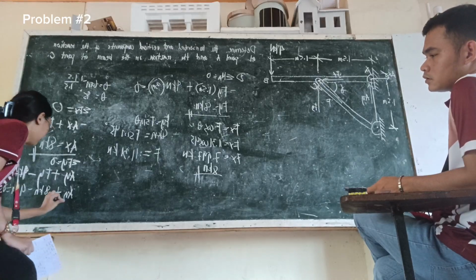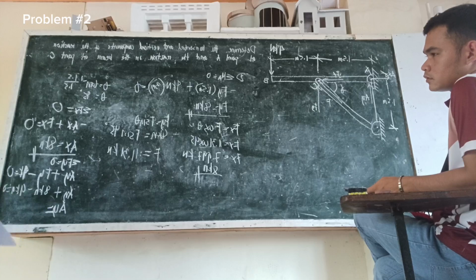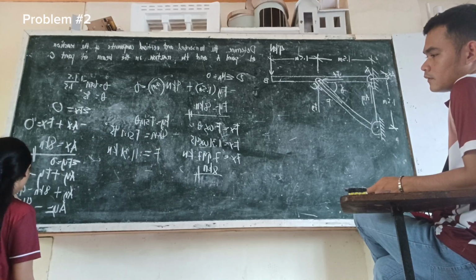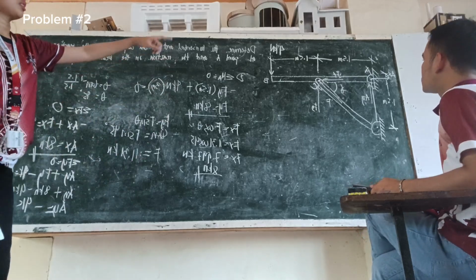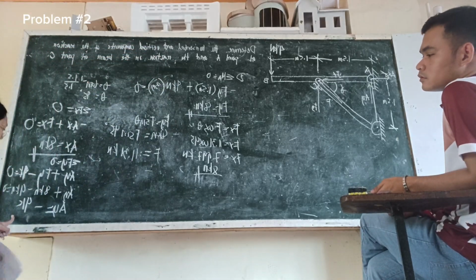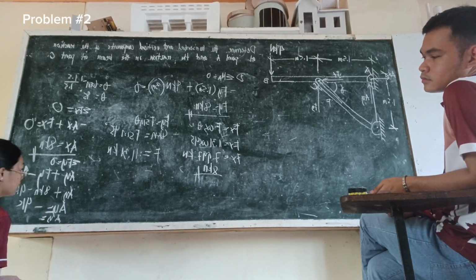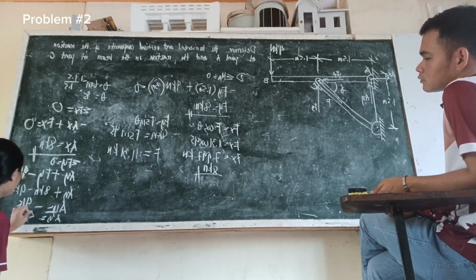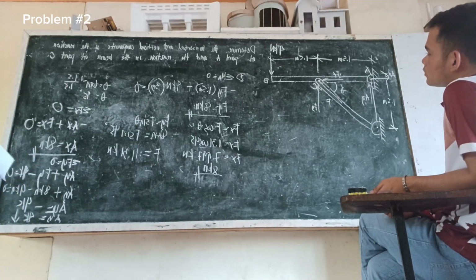So Ay is equal to negative 4 kN. Since it is negative, we have to change the direction, so Ay is now going downwards. So that's it. Any questions?